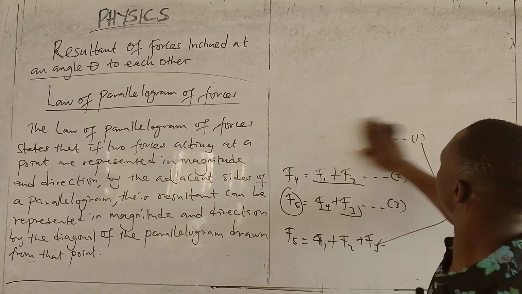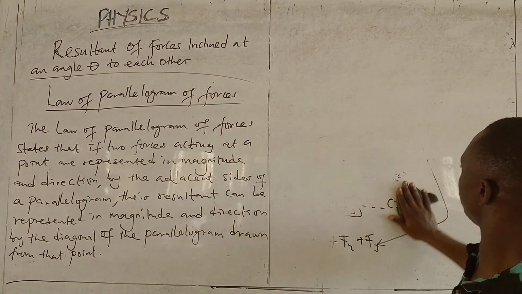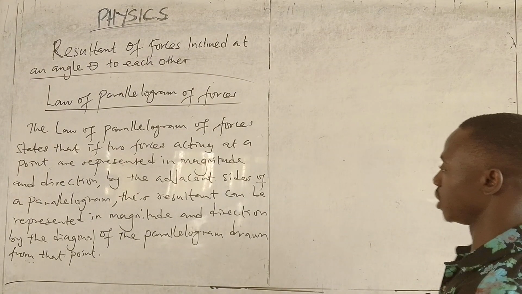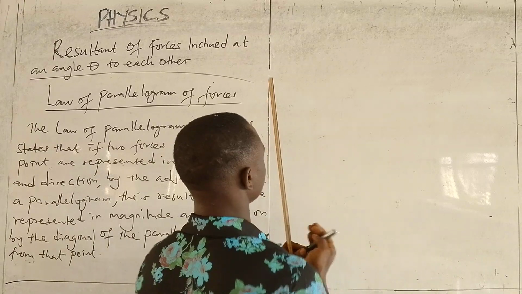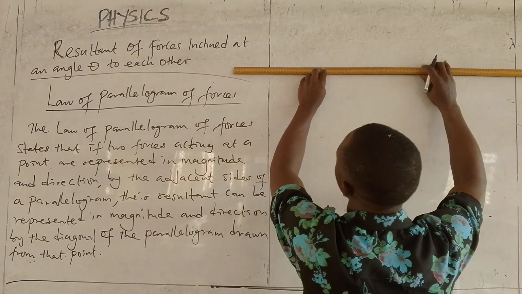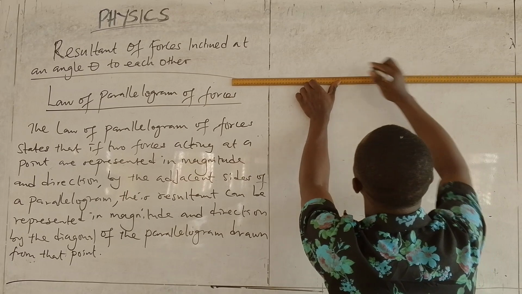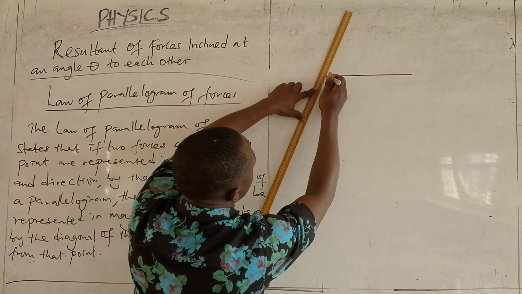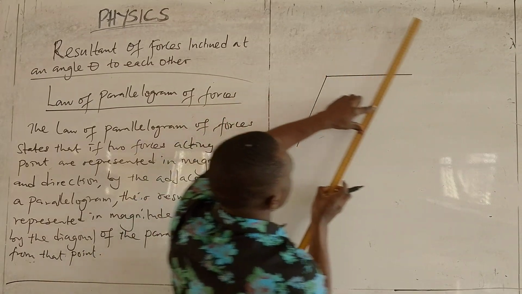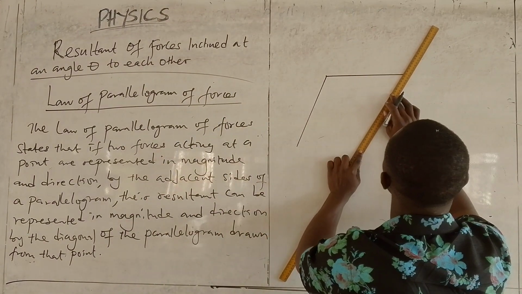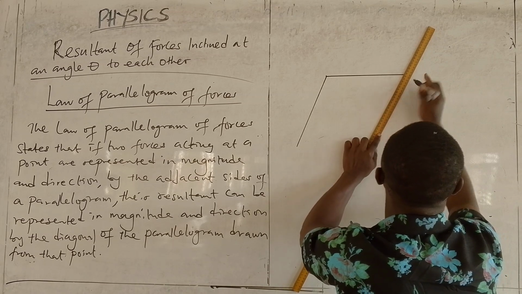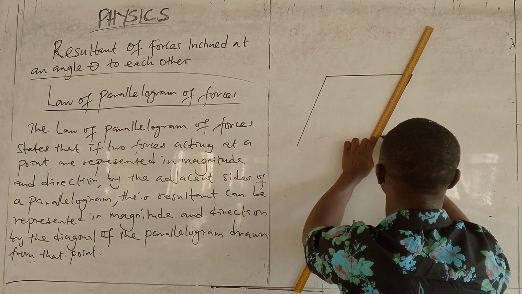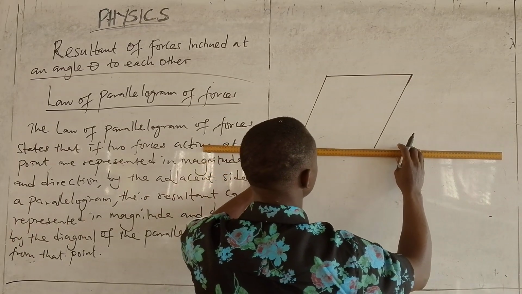I believe you know how a parallelogram looks like. Those are basic shapes, plane shapes. That's one of the plane shapes we have. A parallelogram is one of the quadrilaterals we have. So something like this. Make sure that the opposite sides are parallel to each other.